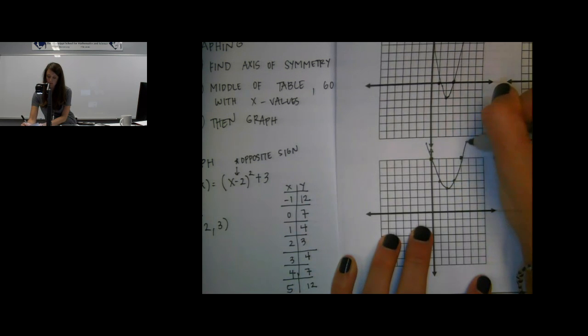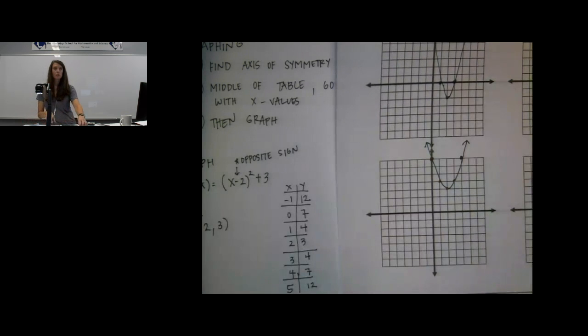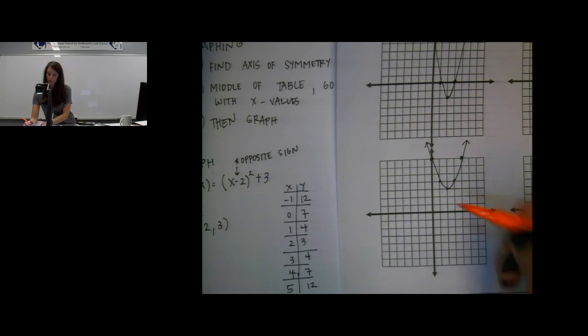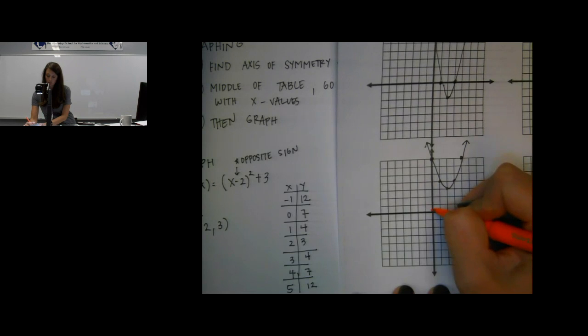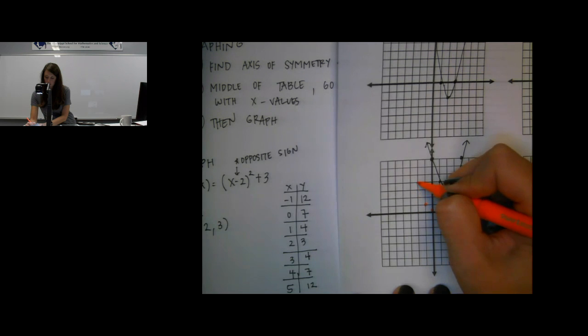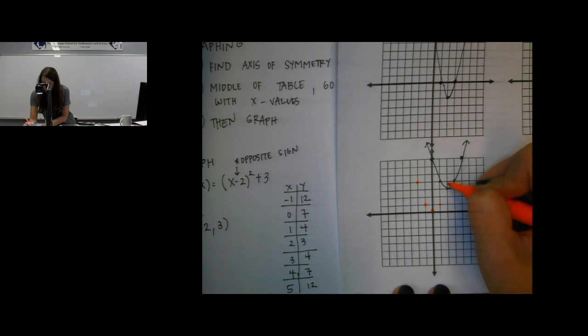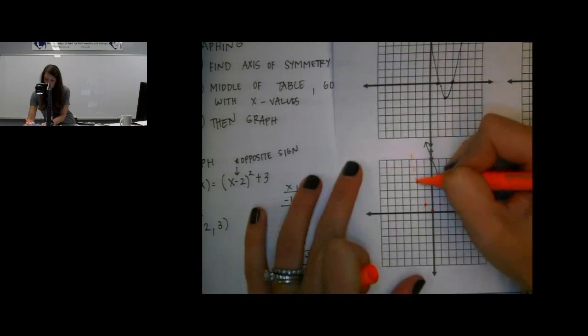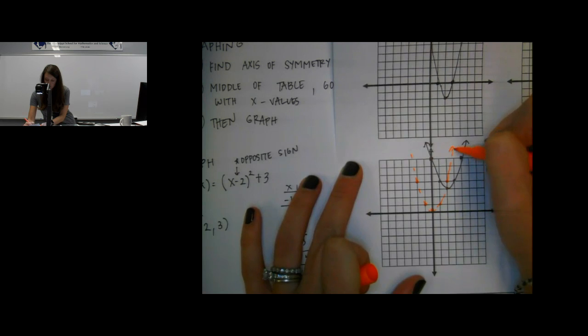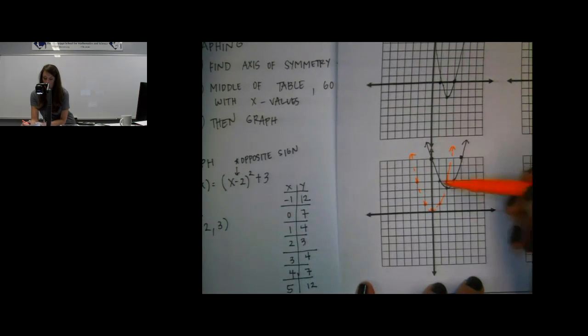So look at the parent function. Remember what the parent function is for a quadratic? It goes through here. So here is my parent function. This function shifted, the parent function shifted to the right 1, 2, and up 1, 2, 3.